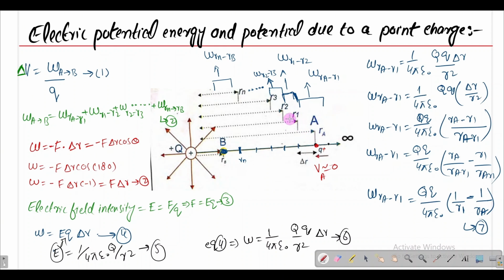Now we will find the work done from R1 to R2. So the next step is to find the work done from R1 to R2.